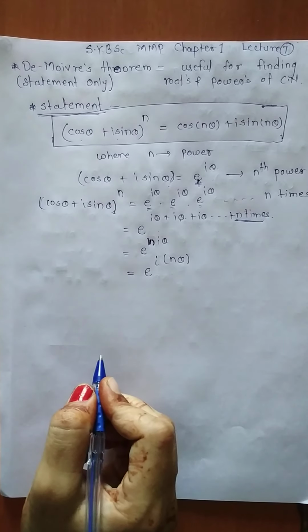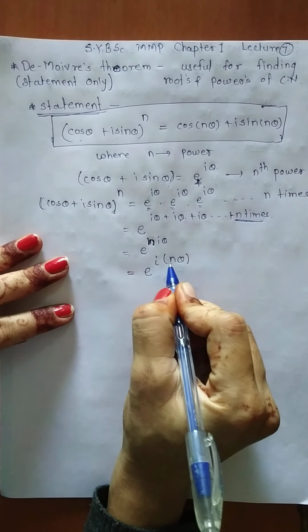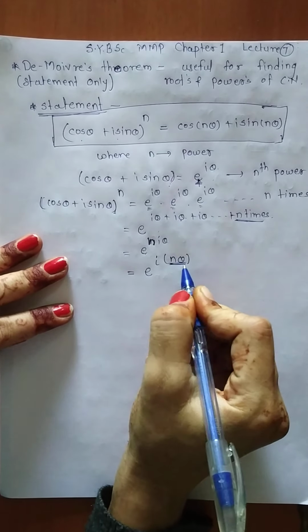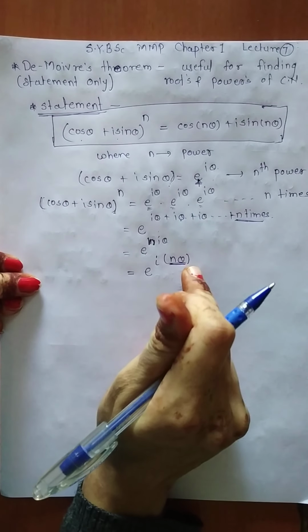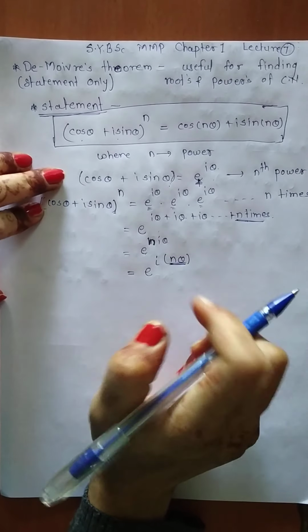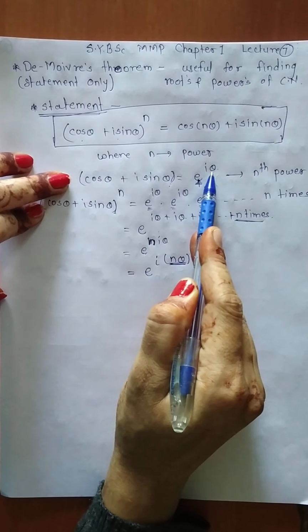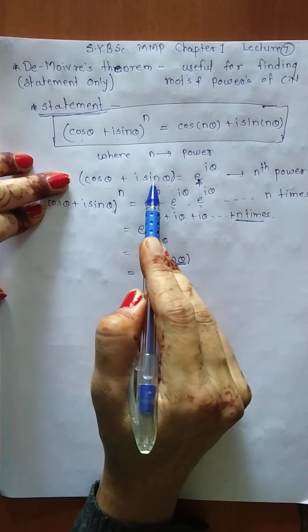Suppose I consider this as n theta. According to Euler's formula, whenever you have I theta, you write cos theta plus I sin theta.